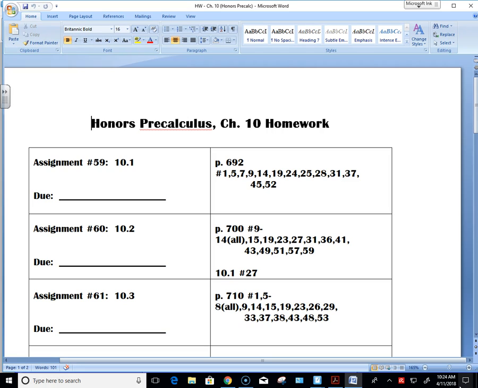I want you to draw a parabola. You don't have to be super specific. You don't have to put the focus or the directrix, even though that is important to know from section 10.2.